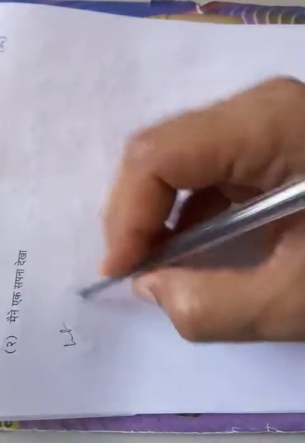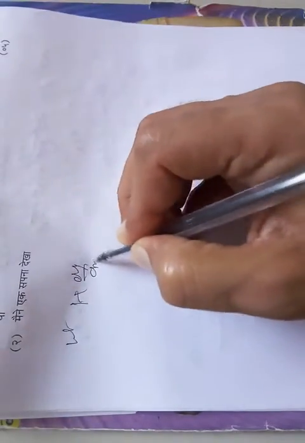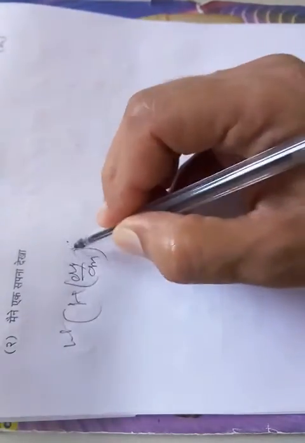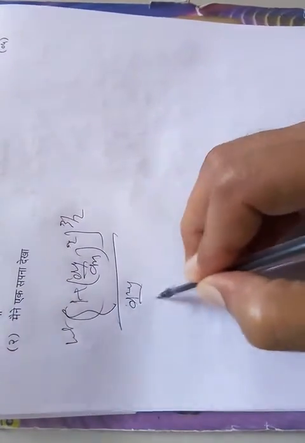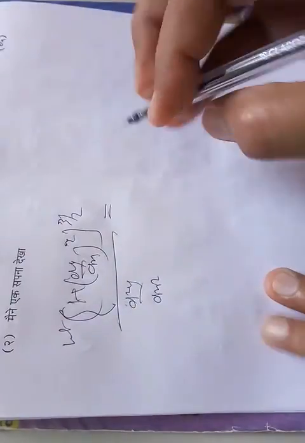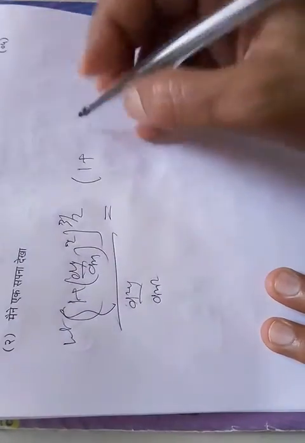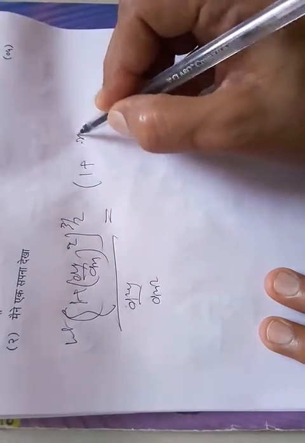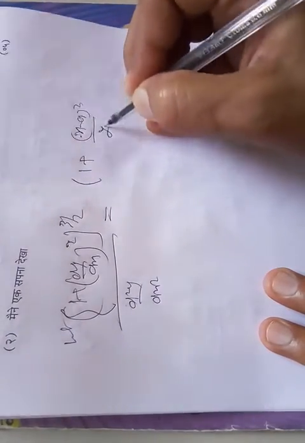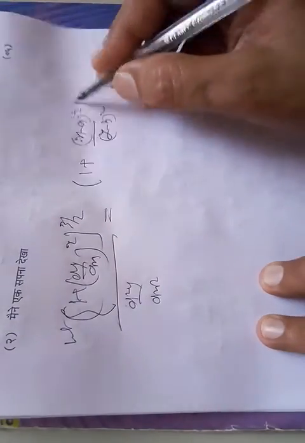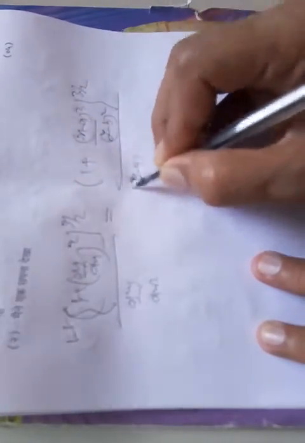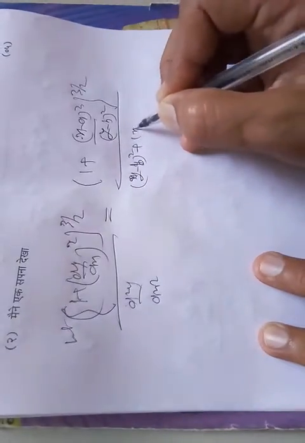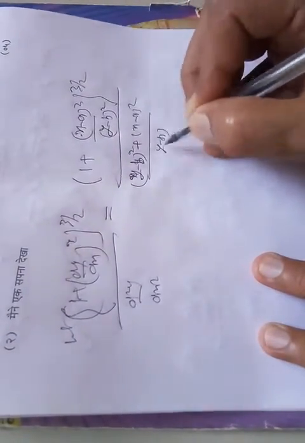Let [1 plus (dy/dx) square] to the power 3 by 2 upon d2y/dx square equal 1 plus (x minus a) square upon (y minus b) square, to the power 3 by 2, upon [(y minus b) square plus (x minus a) square] upon (y minus b) whole cube.